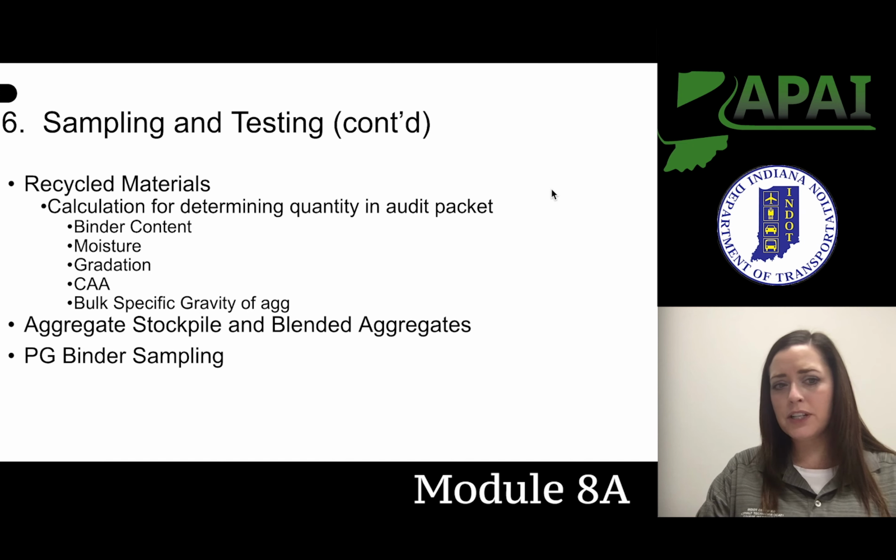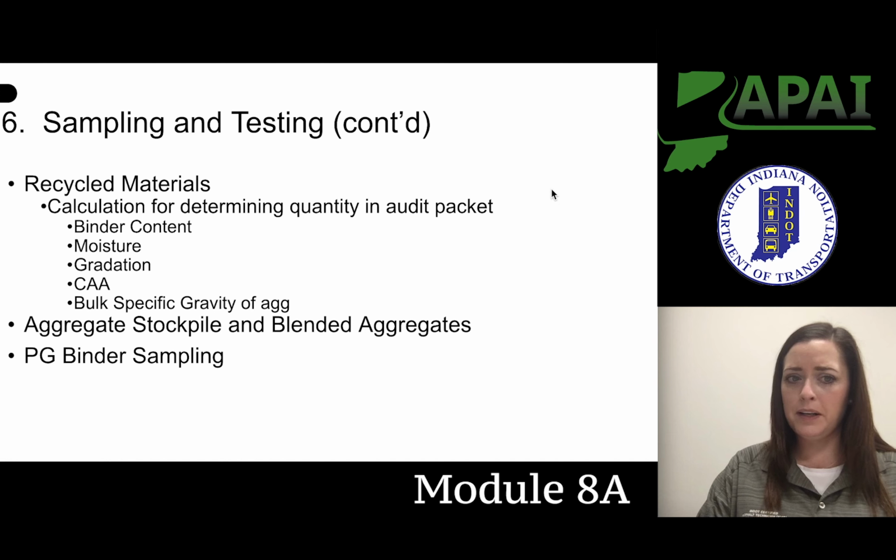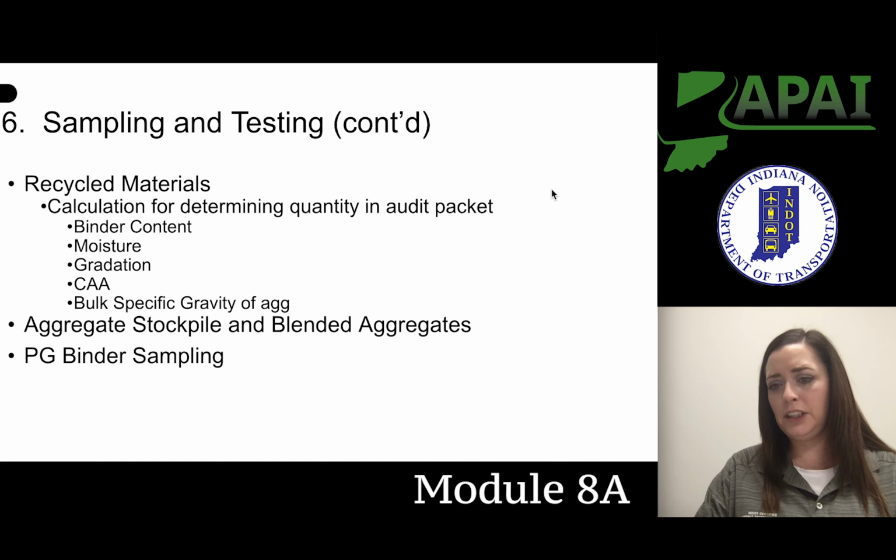Along with mixture testing, there is also testing for recycled materials, aggregate stockpiles, blended aggregates, and PG binder sampling. The recycled materials need to document the criteria for the binder content, the moisture, gradation, coarse angularity, and the bulk specific gravity of that recycled material.